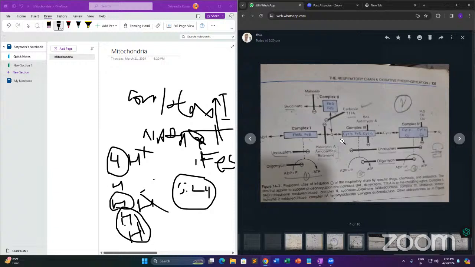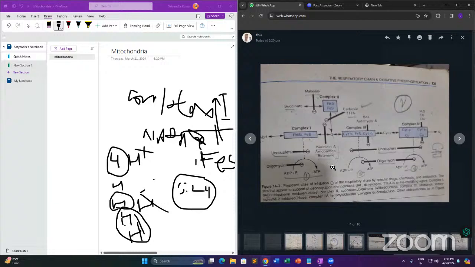The second one is the inhibitor of the entire respiratory chain, which affects the movement of the electrons and protons. Common examples are piericidin A, amobarbital, and rotenone. All three belong to the barbiturate group, or carboxin, TTFA.